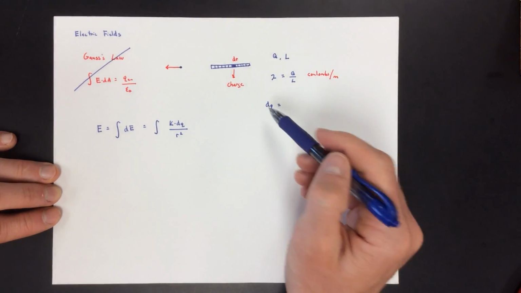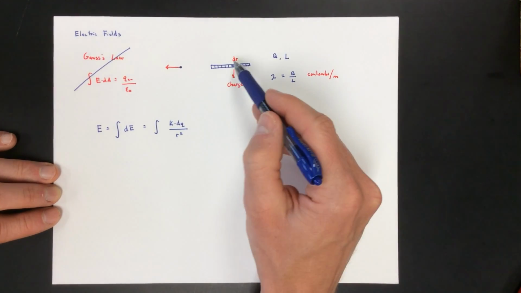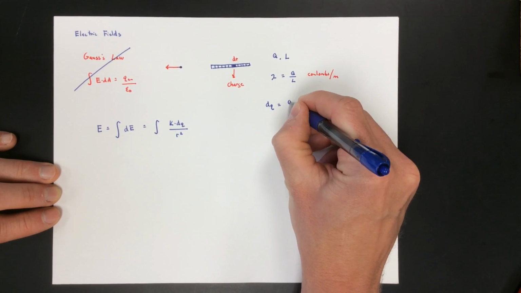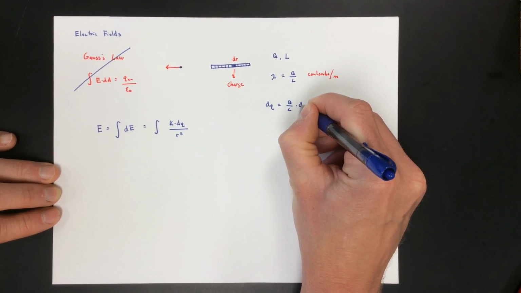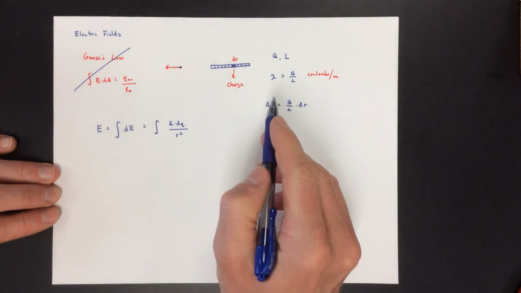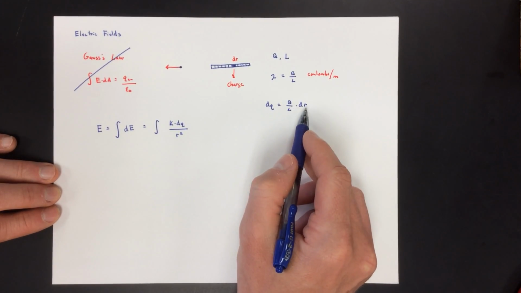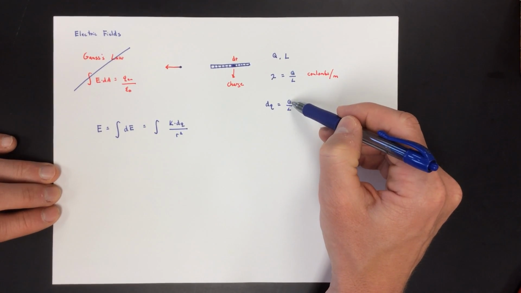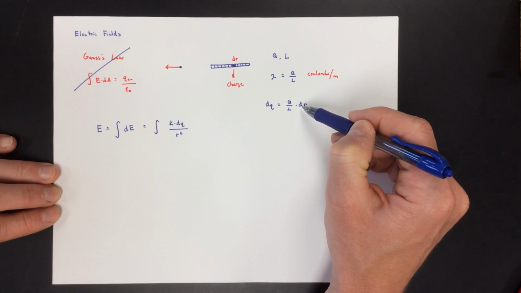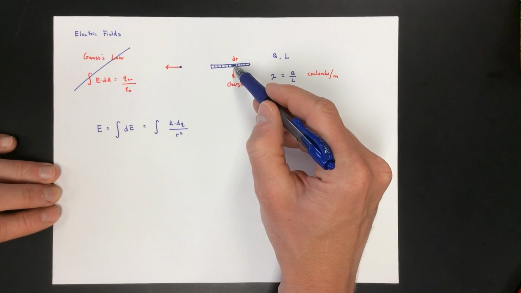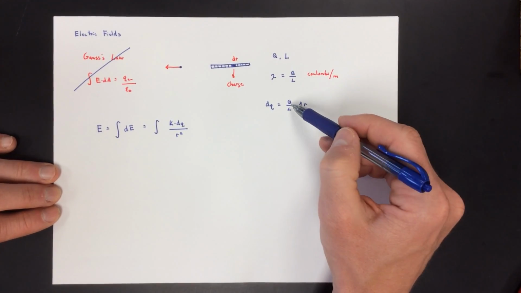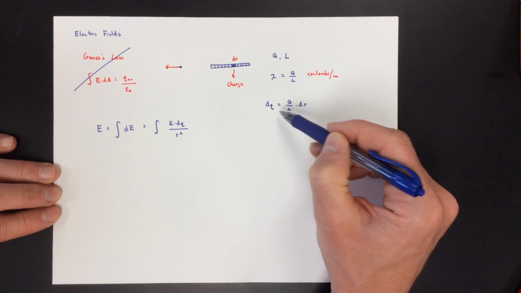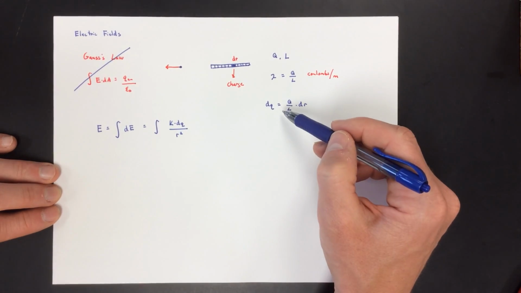How is dQ, the charge on that little bitty piece, related to dr? That's where the density comes in. It's really not too hard of a relationship: dQ is equal to Q over L times dr. The charge on that piece is the charge density, coulombs per meter, times the thickness in meters.